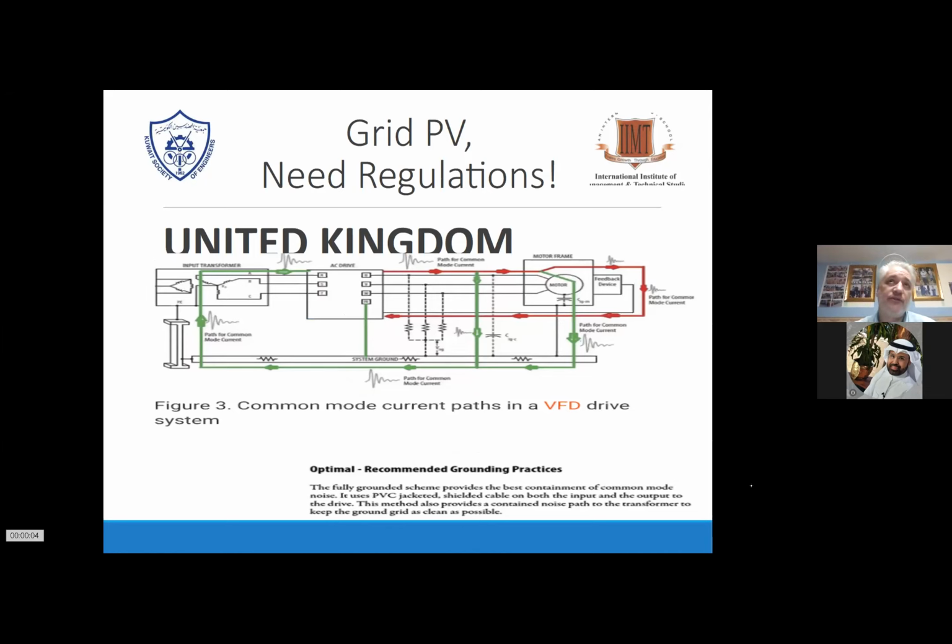I always use the sample from a VFD drive, similar to an inverter. So you can see here the AC drive and the motor frame, and when you have the transformer, the green is always the amazing amount of stray currents from the motor and from the AC drive going back towards the transformer.